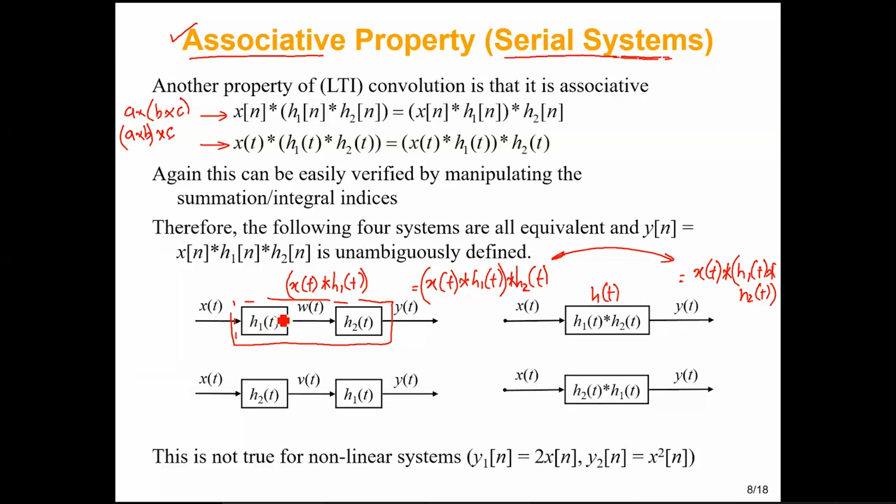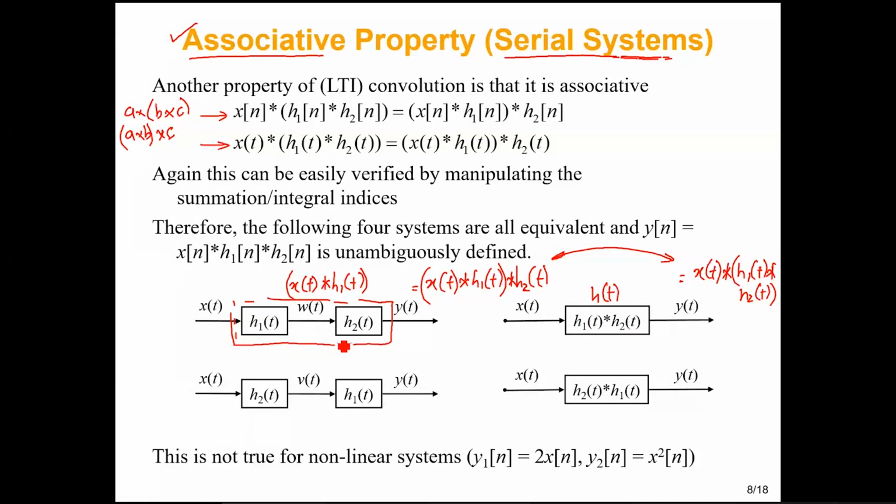So the implication is this: if we have series systems cascaded together, instead of having two systems, we can make them into one single equivalent system, and the impulse response of that equivalent system will be h1 of t convolved with h2 of t.